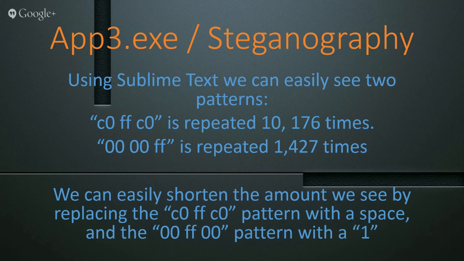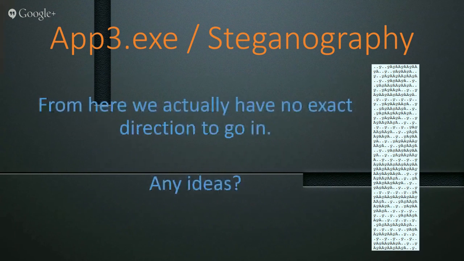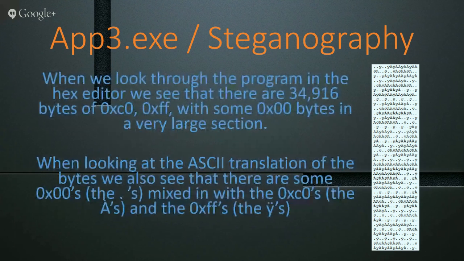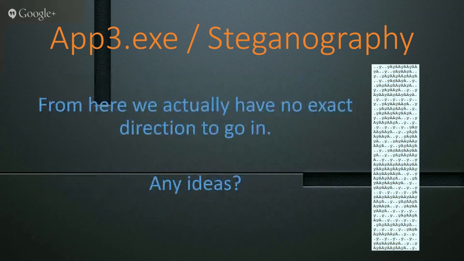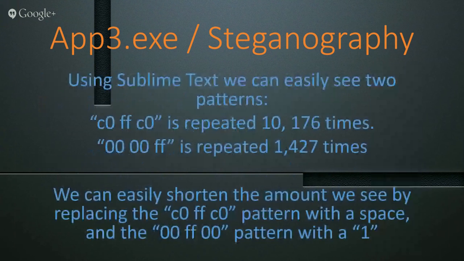We can shorten this by replacing the first pattern with a space and the second with a 1. Otherwise we're dealing with about 34,000 bytes of that repeating pattern. By shortening it, we can make it look a lot more condensed and see that pattern more easily.